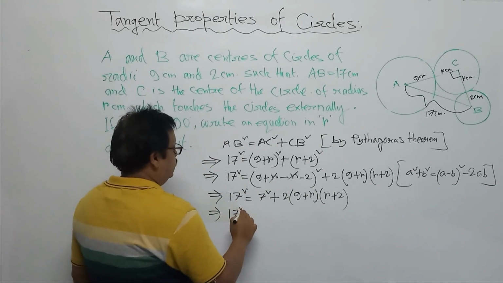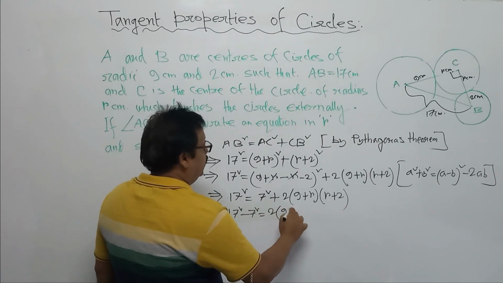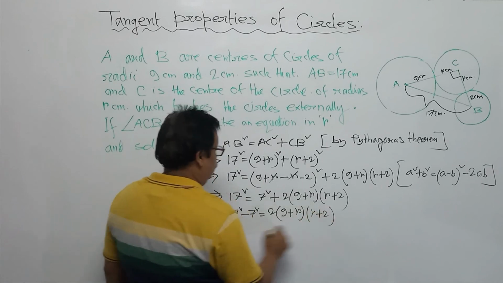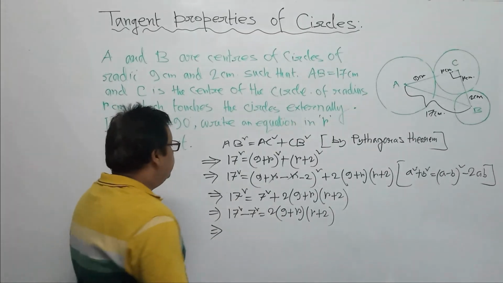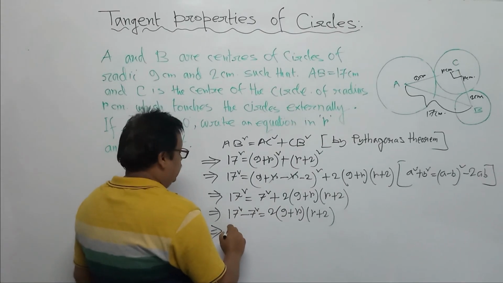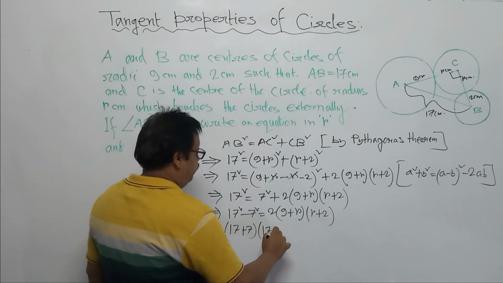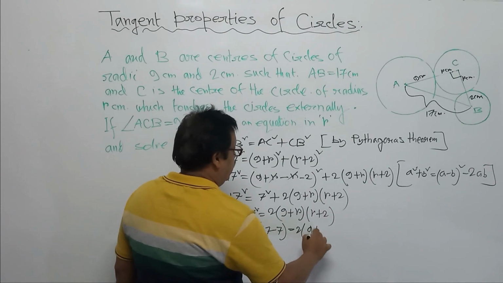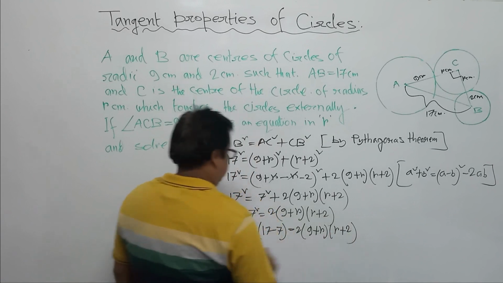So 17 square minus 7 square equals 2 into 9 plus r into r plus 2. You use here a square minus b square. What is a square minus b square? a plus b into a minus b equals 2 into 9 plus r into r plus 2.